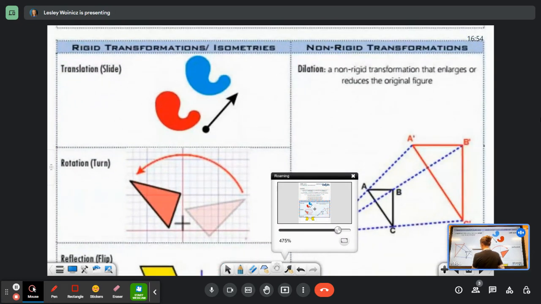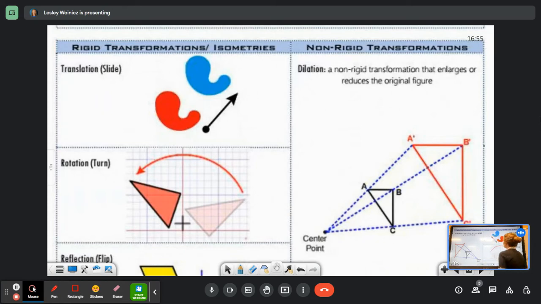So here are some examples of transformations. The ones on the left are rigid transformations or isometries. And on the right, we have a dilation, which is non-rigid. So let's talk about the rigid ones for a minute. The first one is a translation or a slide.